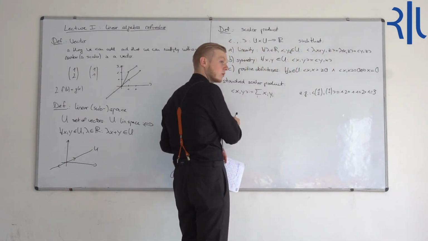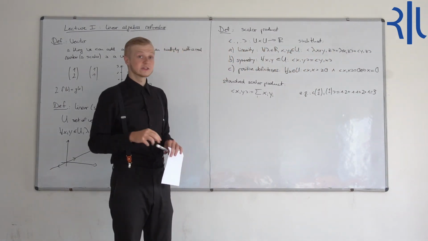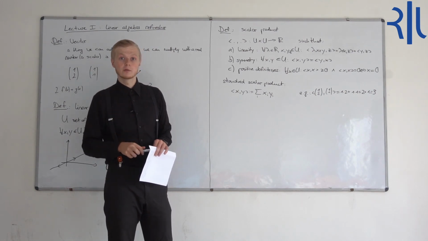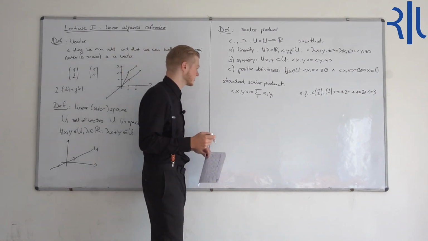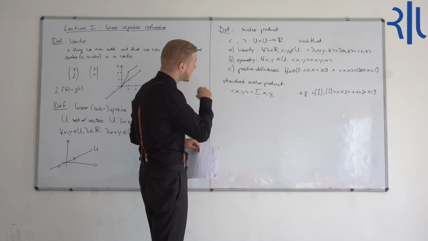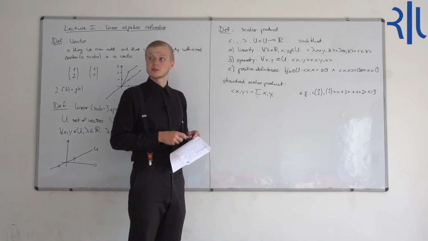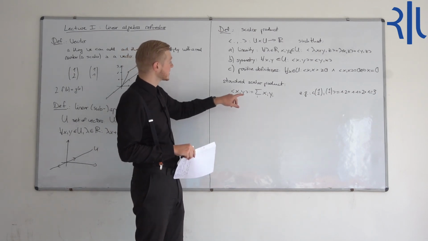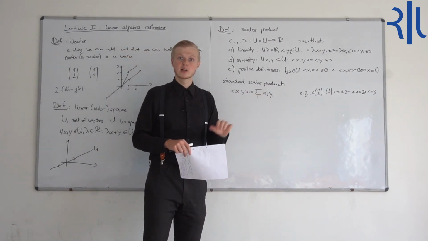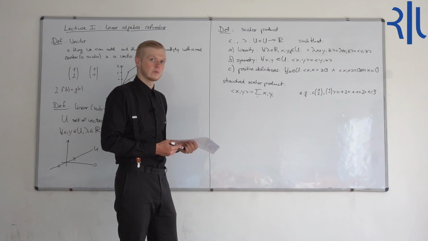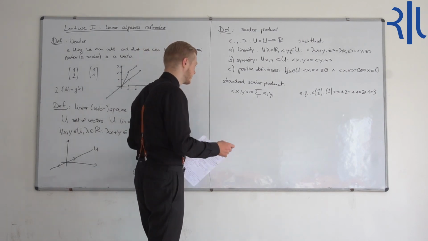But why does the scalar product give us a notion of projections and a notion of angles? One can show by calculation that the standard scalar product actually gives you exactly the length of the projection of one vector on another.